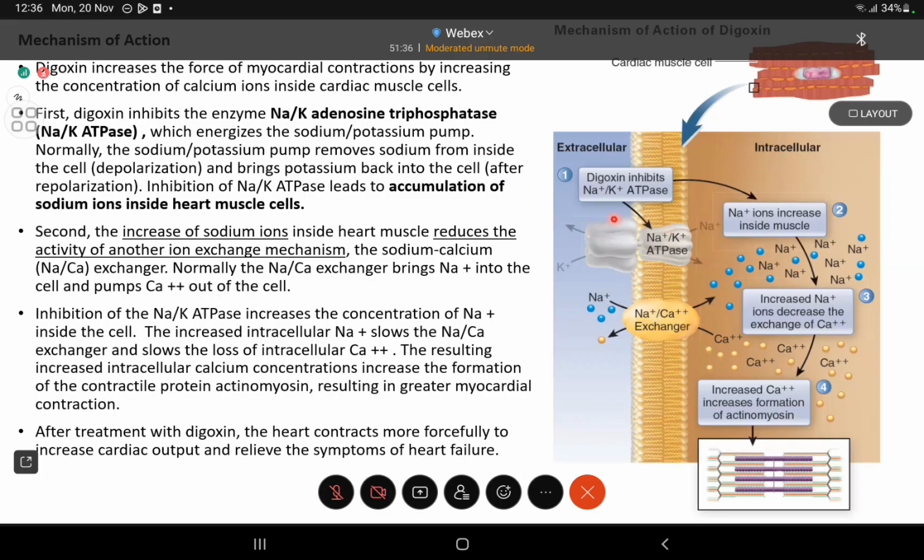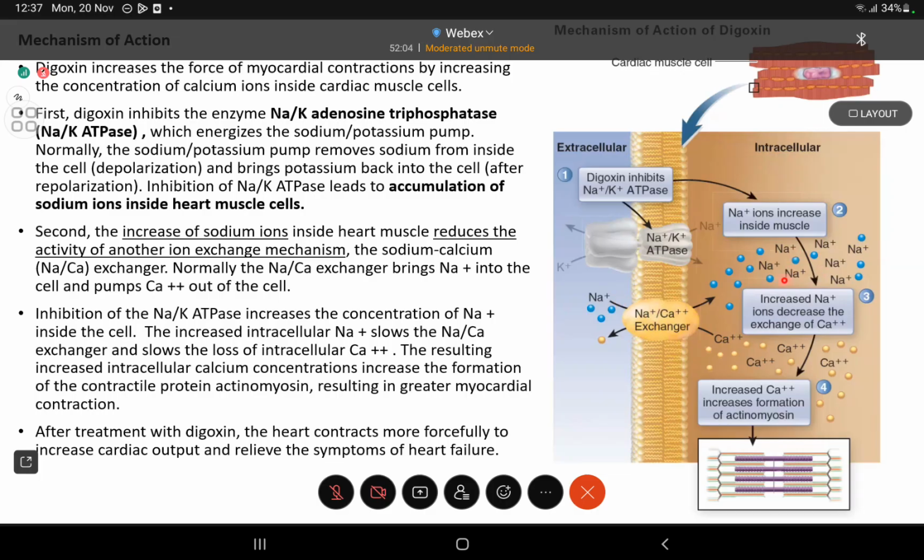So once you inhibit this pump, what will happen? Sodium is not able to be pumped out, so it will accumulate inside. Once the sodium accumulates inside, it will act on the sodium calcium channel exchanger.